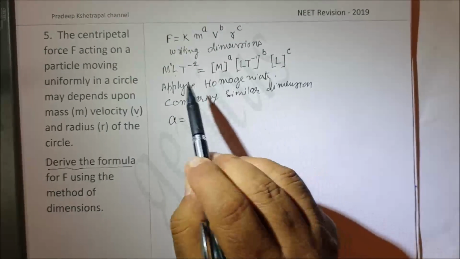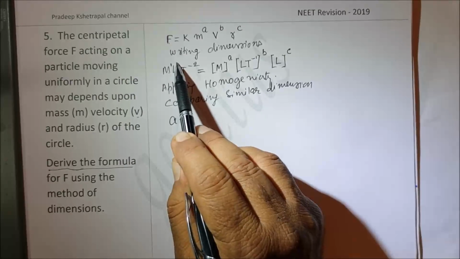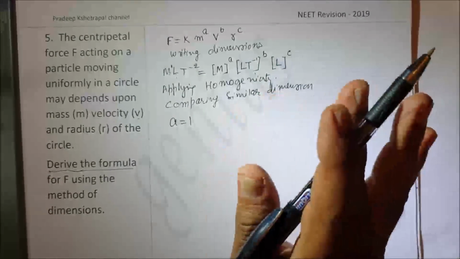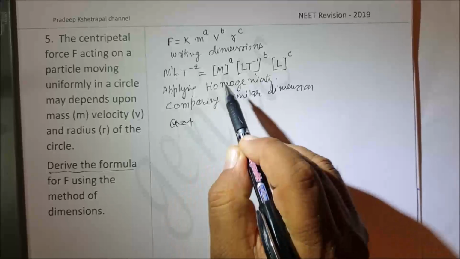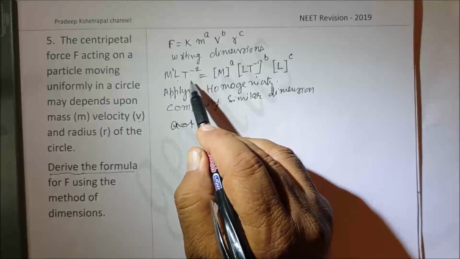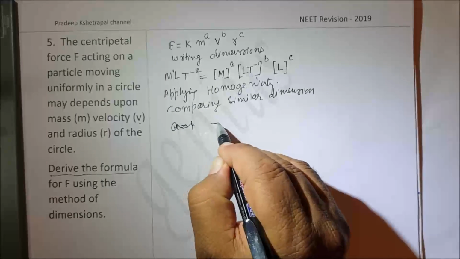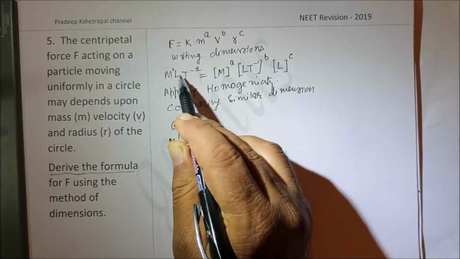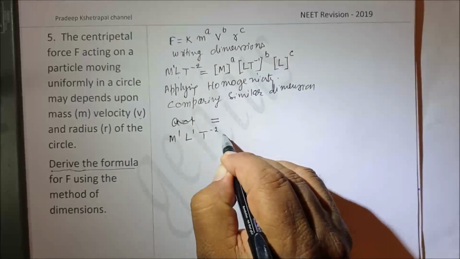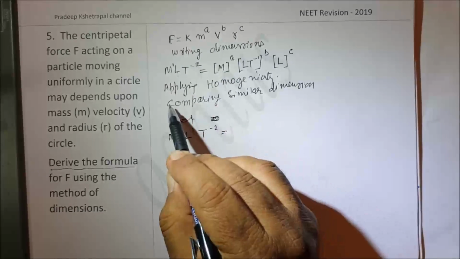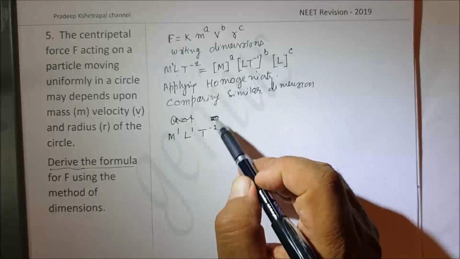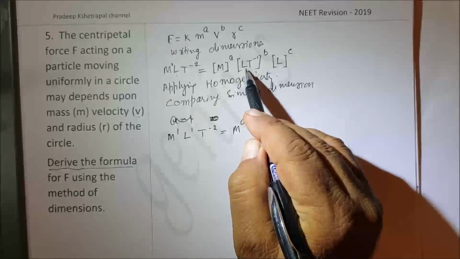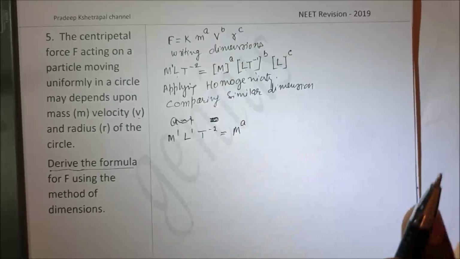Good. Then we have L to the power 1. And here, okay, sorry, I should simplify this first. So for simplifying, I write it once again. Here it is M1 L1 T minus 2. This is equal to, comparing will come later, first we are simplifying this. M to the power a. There is no m here, so this remains as it is.